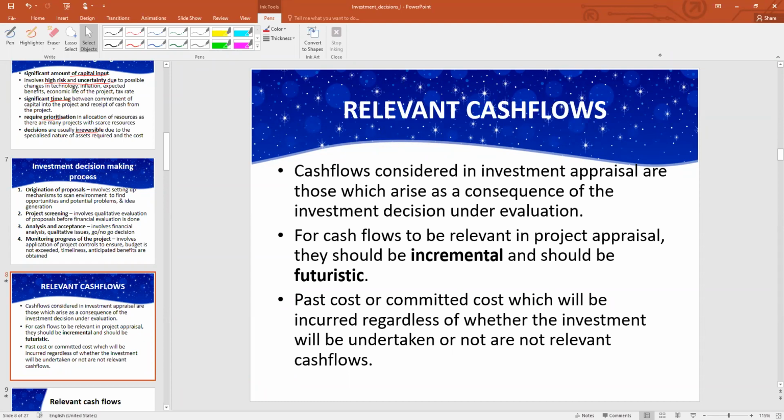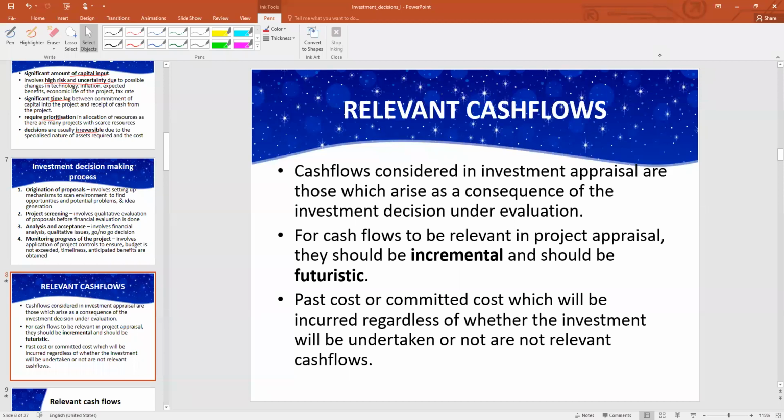Now, what do those two terms mean? Incremental is not always an increase. An incremental is a change in the current status, and a change can either be an increase or a decrease. For example, currently you pay for electricity, assuming a month you pay 100,000 as a company.